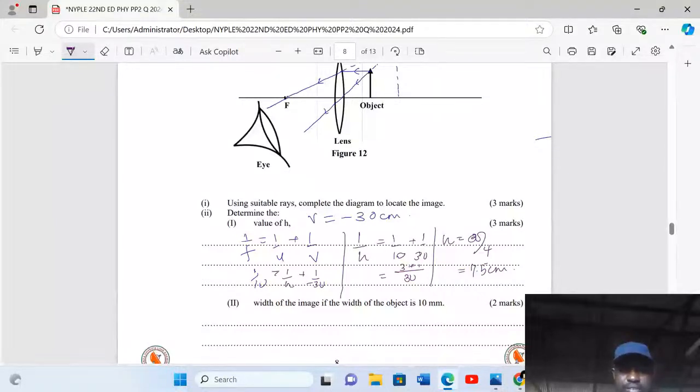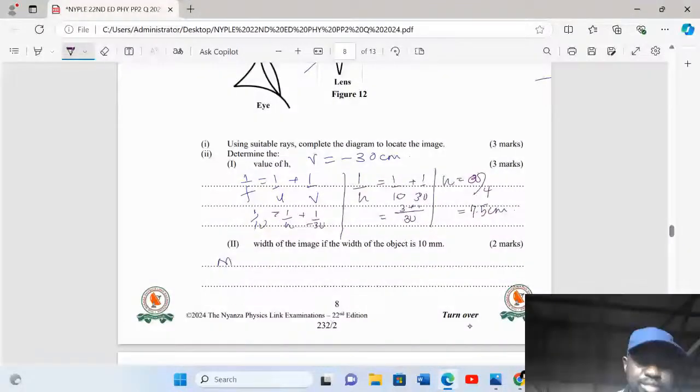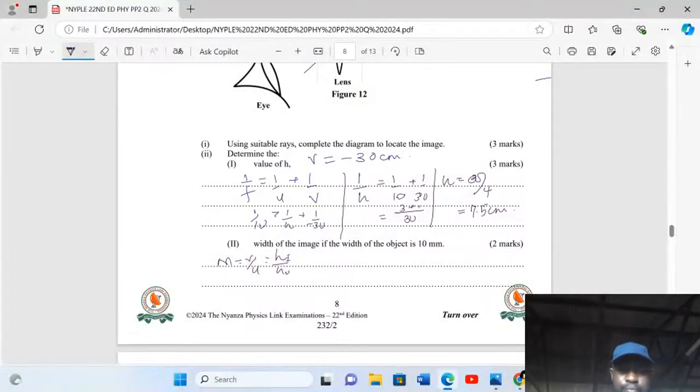And now you are asked the width of the image if the object is 10 millimeters wide. In this case, I am going to use the formula V over U, also given by the height of the image over the height of the object.